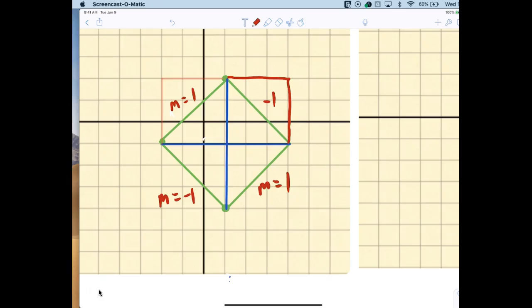The sides are perpendicular, right? Do you agree? Sides are perpendicular. So because it's perpendicular, now we know that it is a what? A square. All right, we know it's a square. Everybody okay with that? I don't think that's that bad.